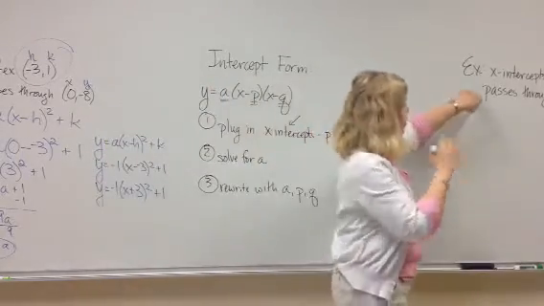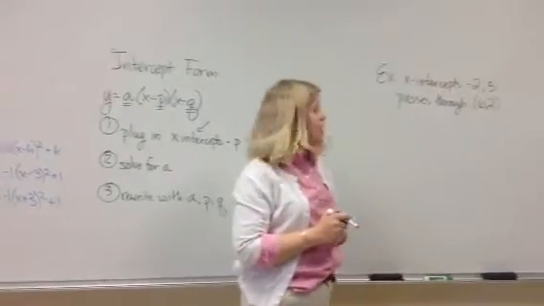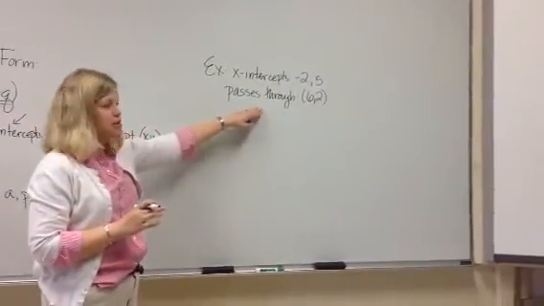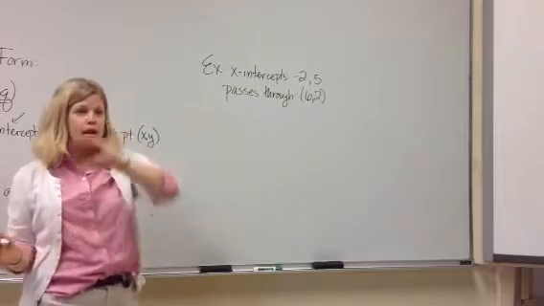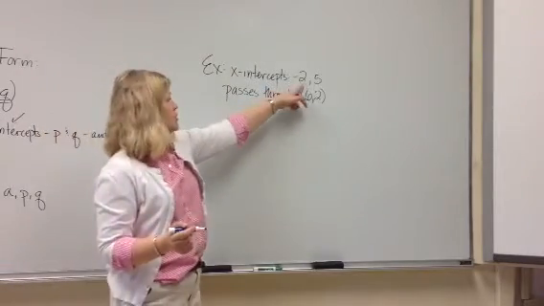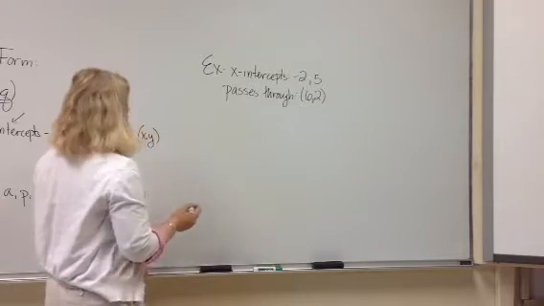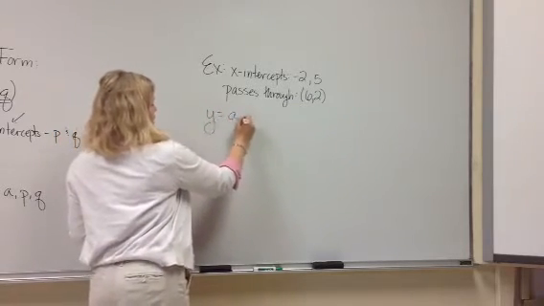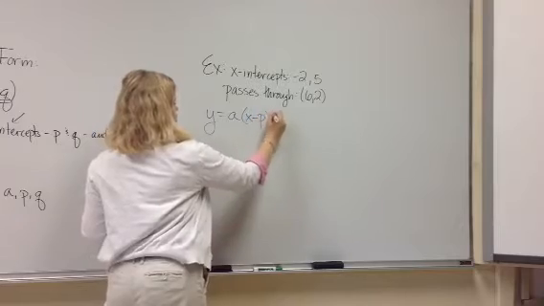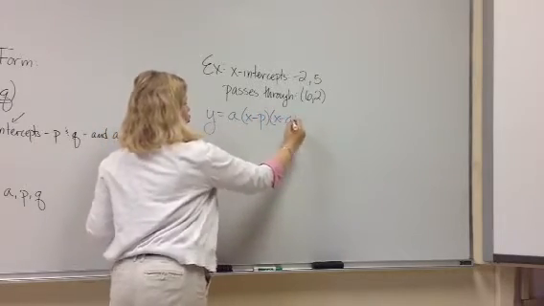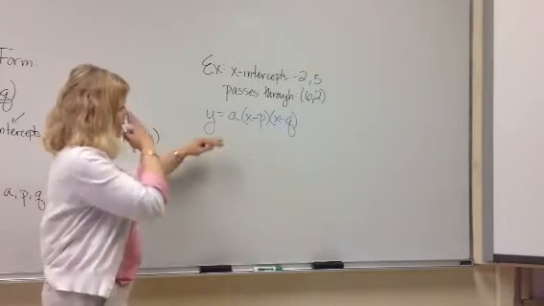Let's go to our example. You've got x-intercepts -2 and 5. It's going to pass through this point (6, 2), so it's fine. Once again, if I just gave you the graph, you could see where it's on the x-axis. You could find this point. Okay, so now we're going to rewrite the general equation, or the form, or the formula, whatever you want to say.